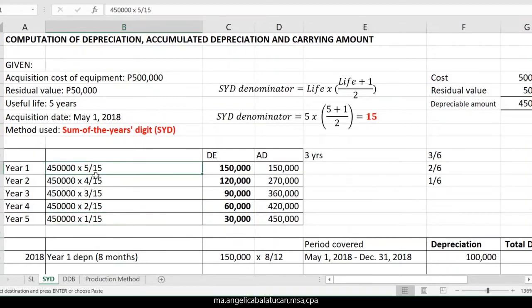As a result of this fraction, obviously your depreciation will be higher in the earlier years of the asset, and it will be lesser as the years go by. The philosophy for this one is that they would like to match the costs and the benefits.